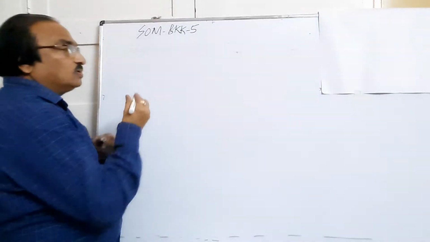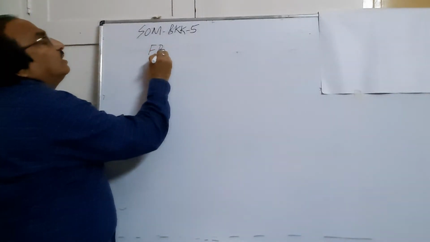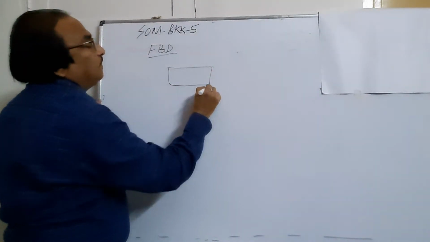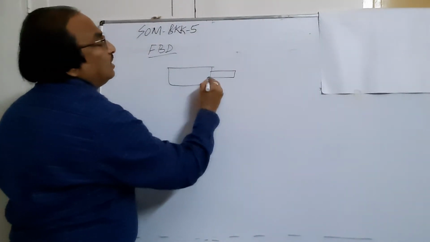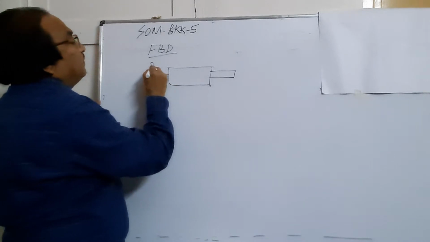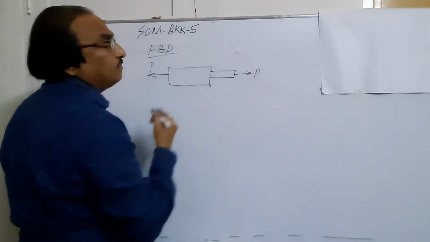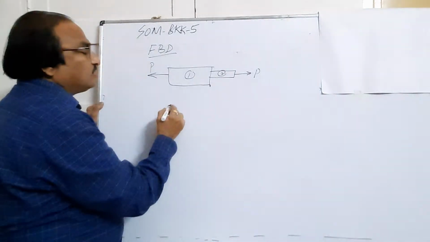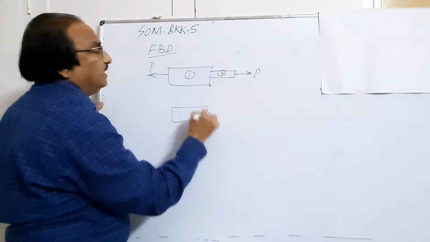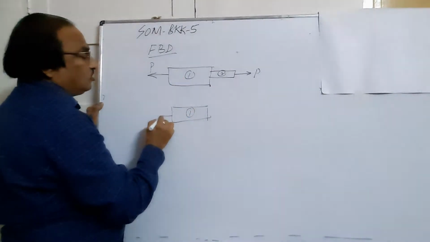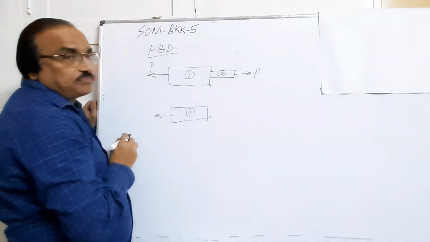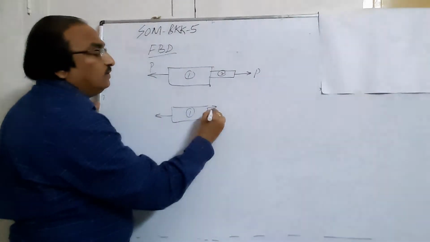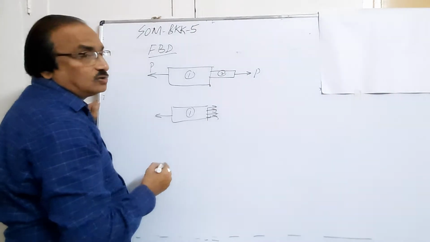So in your lower semester you have studied free body diagram. Suppose if I take a body, another body subjected to load P and P here. This is component 1, this is component 2. If I separate out certain portion of the body, A for one example, this has got a load here. Then to draw the free body diagram, on the other face there will be the resistance offered by the cross section.